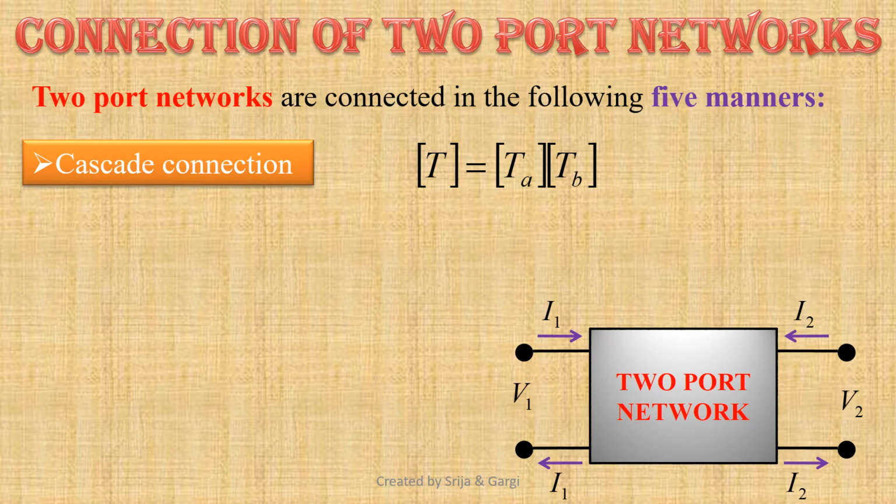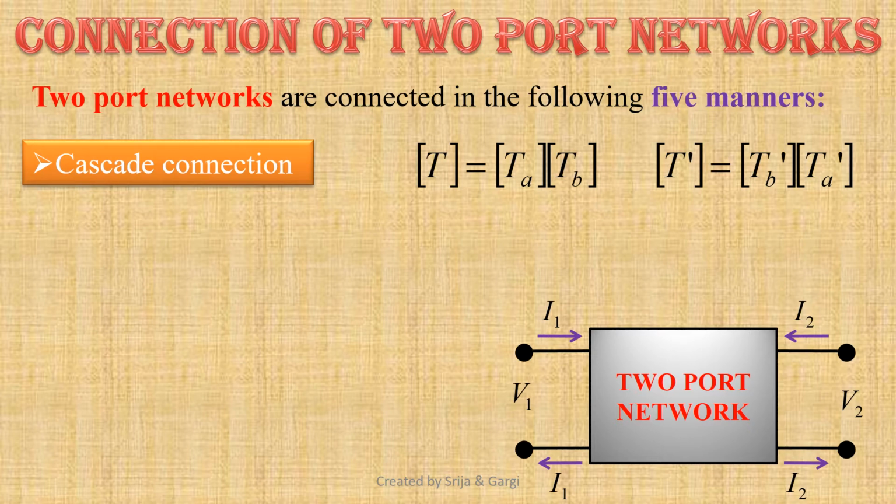The overall inverse transmission matrix for cascade connected two-port networks is the matrix product of the inverse transmission matrices of each individual two-port network, but in reverse order.